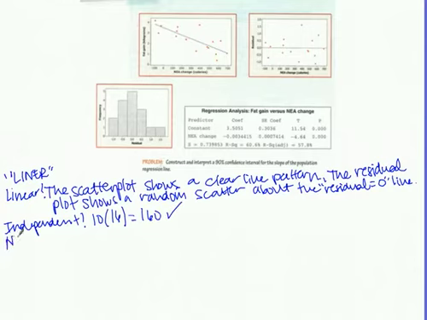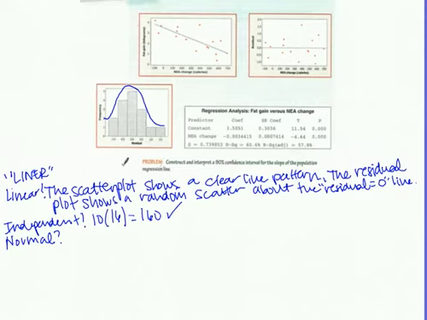Next, we're going to look at the N, which stands for normal. To tell whether or not it's normal, we're going to look at the histogram and see what's happening. With the histogram, we can tell that it's roughly symmetric. It's skewed a little bit, but not too bad.